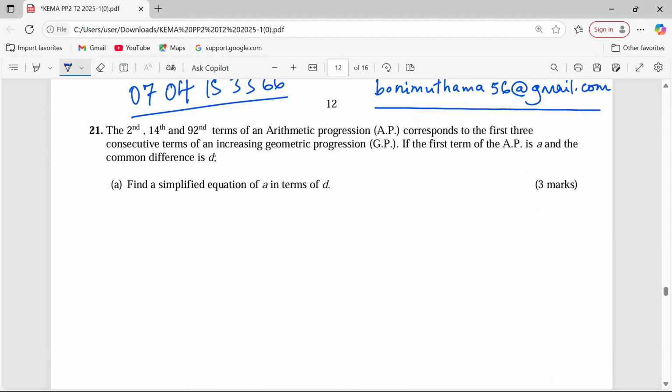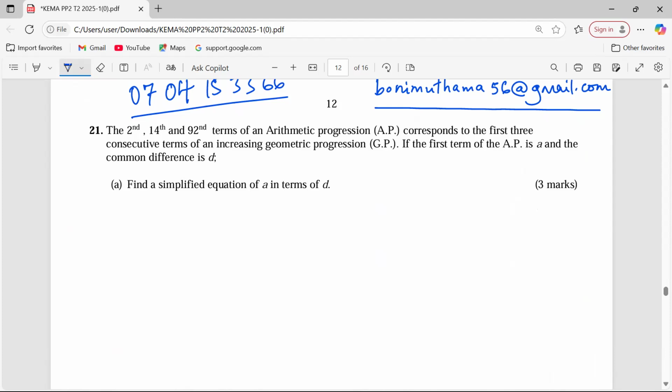If the first term of the AP is A and the common difference D, find a simplified equation of A in terms of D. In other words, we form an equation containing A and D, then we make A the subject. An equation of A in terms of D.